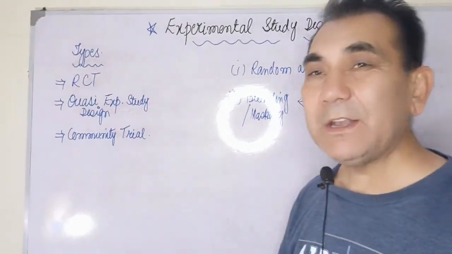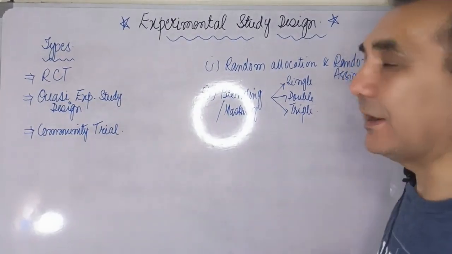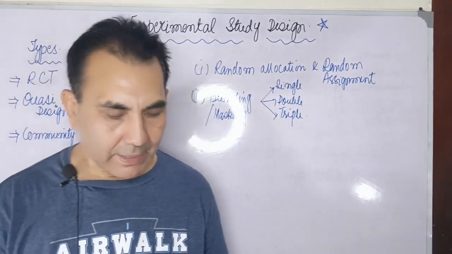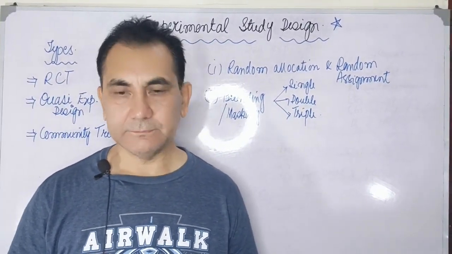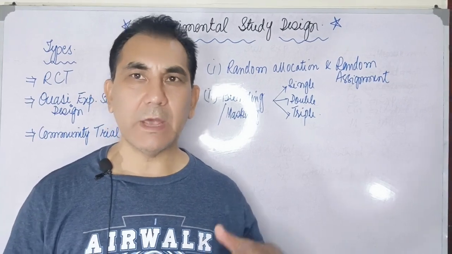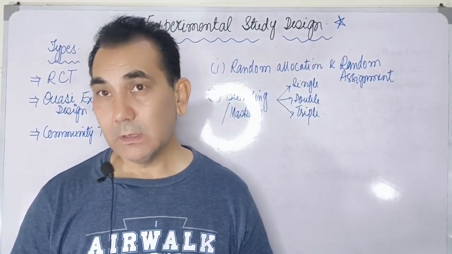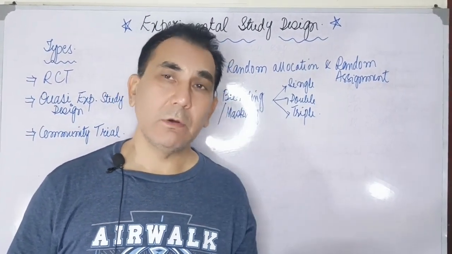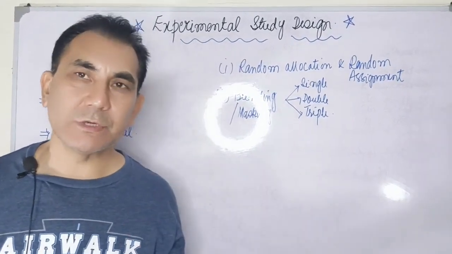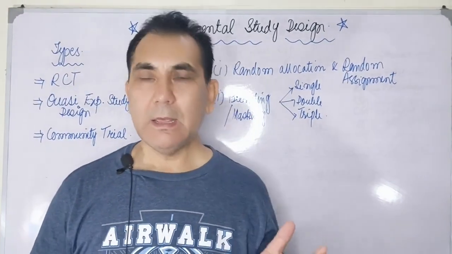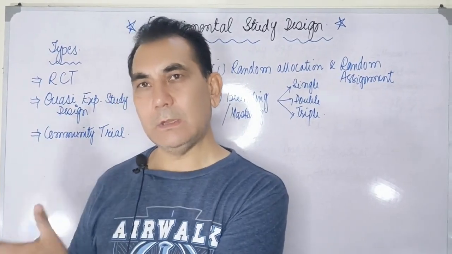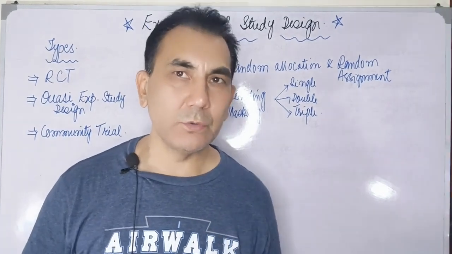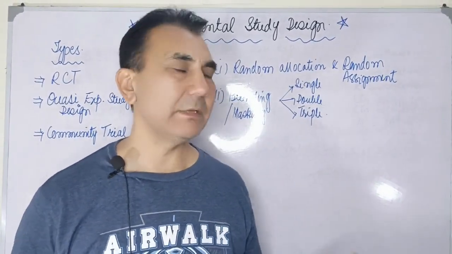So, first is the single blind. In the single blind, the researcher randomly allocates participants to the experiment group or the control group. By random assignment, the experiment group receives the new treatment, new drugs or new interventions, and the control group receives the traditional treatment or intervention, the old drugs, or maybe the placebo.